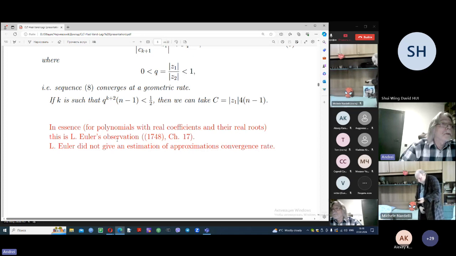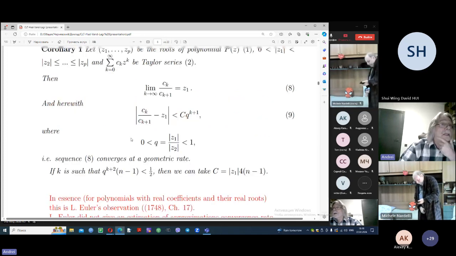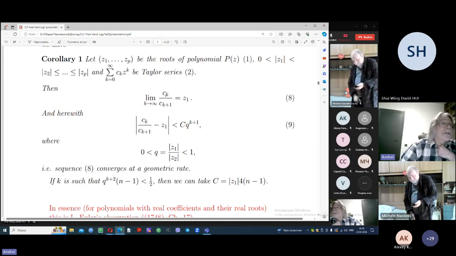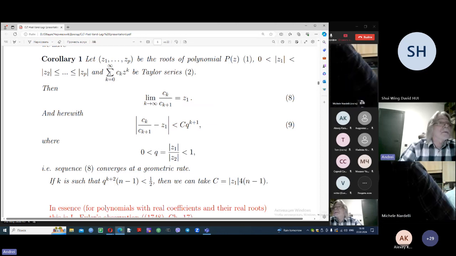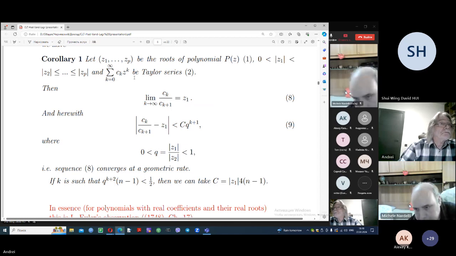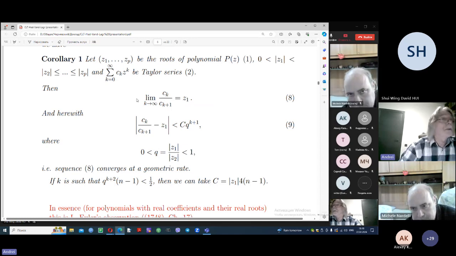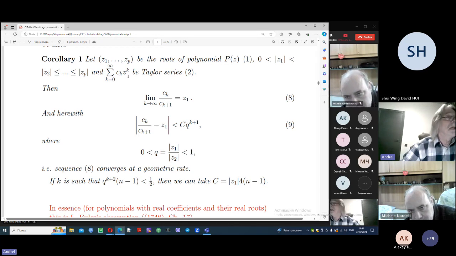I recall that Euler namely considered the Taylor and Lagrange series, not this one but for the analogous ratio, 1 divided by P of Z, and proved namely this formula.